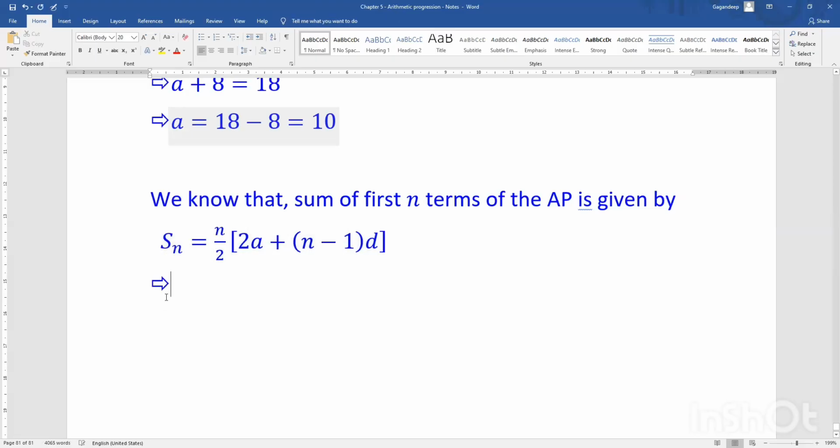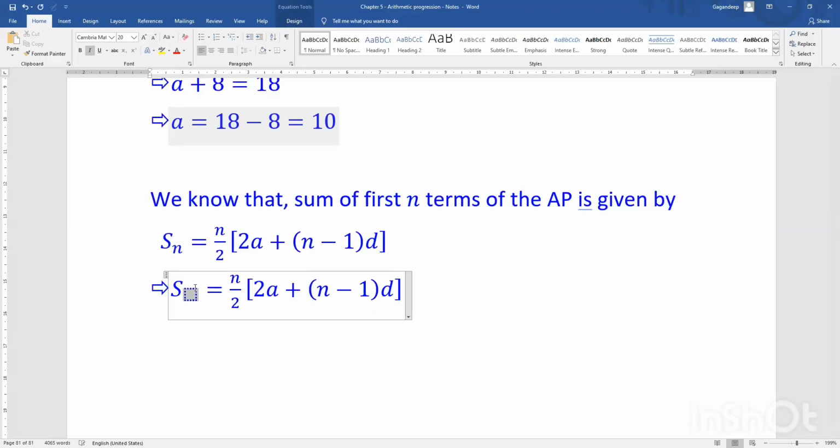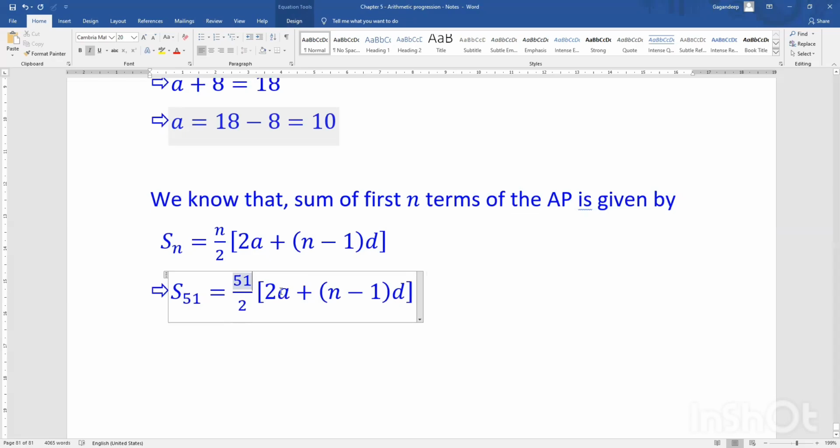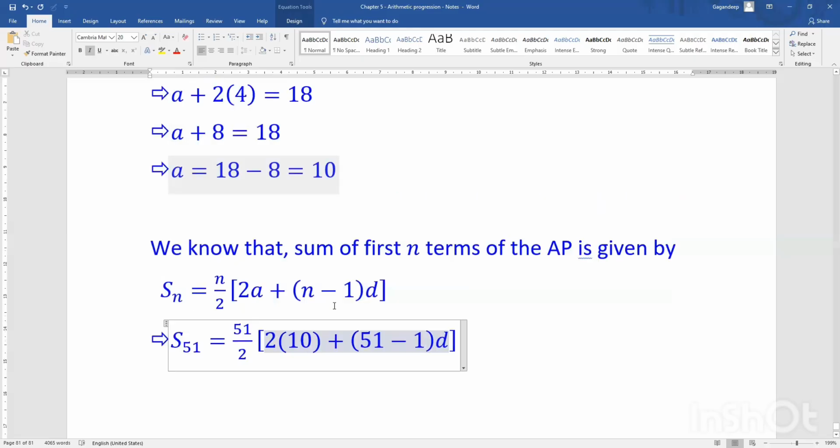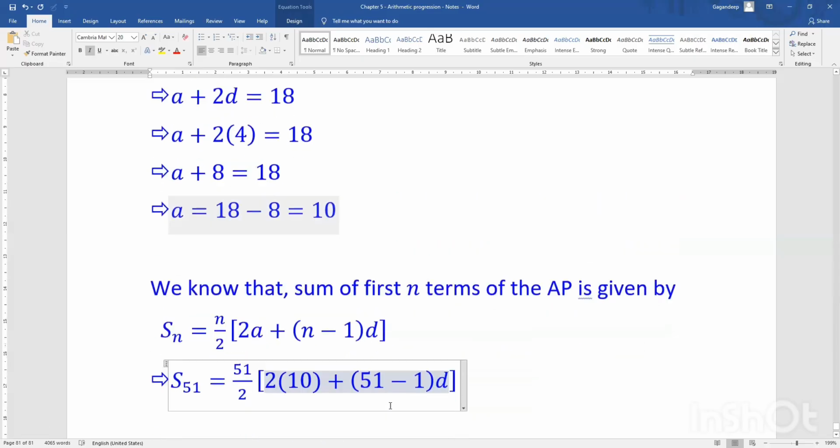Now here I copy the same formula. Instead of n, I write 51. Here also n is replaced as 51. And then we have the a value as 10. And then we have here n as 51 and d value, D value is given to be 4.